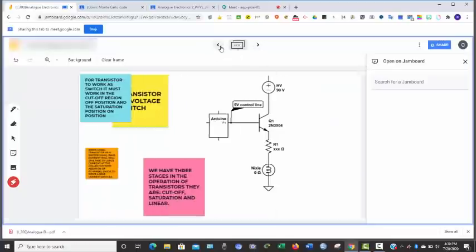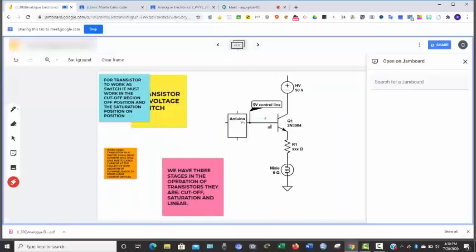collector terminal. You know, we have base, emitter, and collector, and this is an NPN transistor. When we are doing this connection, there are some calculations we need to do to know the value of the emitter resistor and the value of the base resistor.